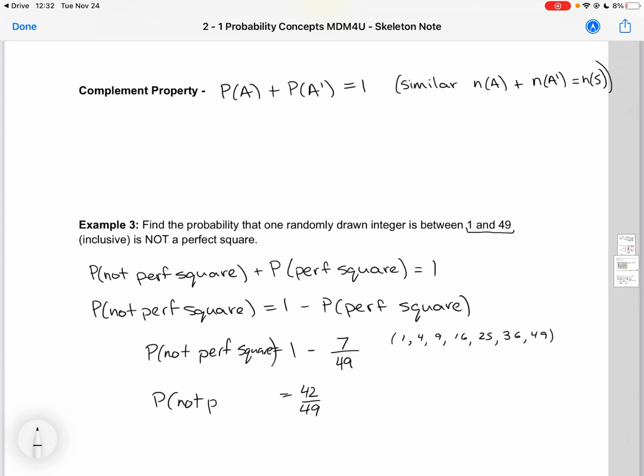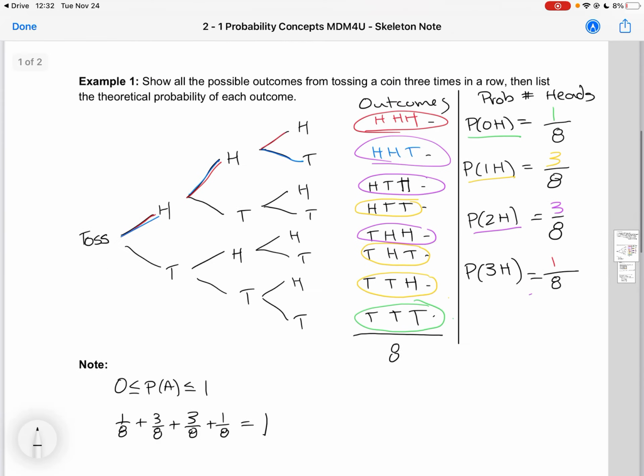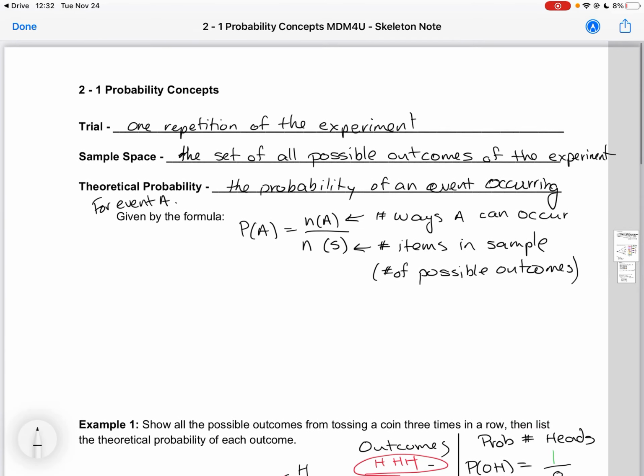So I can further reduce that and say that my probability that one randomly drawn integer is not a perfect square is 6 out of 7. So an example of using the complement property along with the examples of some of our other probability concepts that we're going to discuss in this unit.